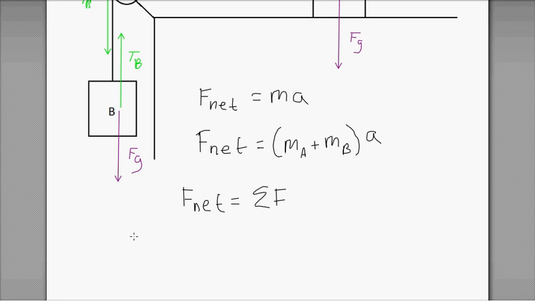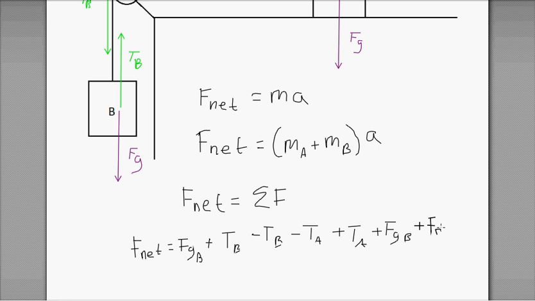Let's go F net equals FG plus TB minus TB minus TA plus TA plus, and I'm going to be more specific, FGB plus FN. Now, with your FN, we can say this is FNB, and then plus FF.